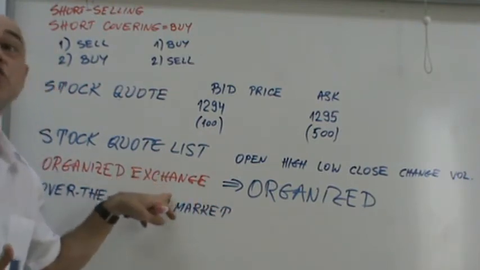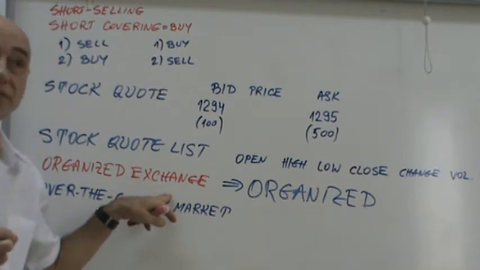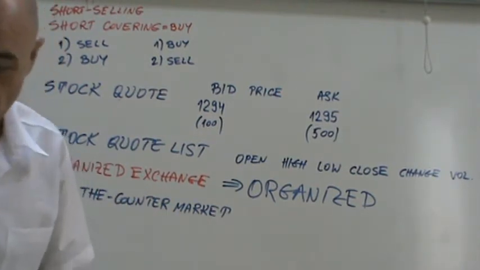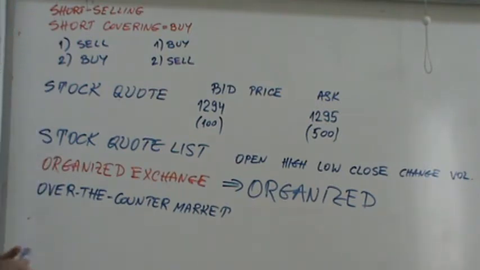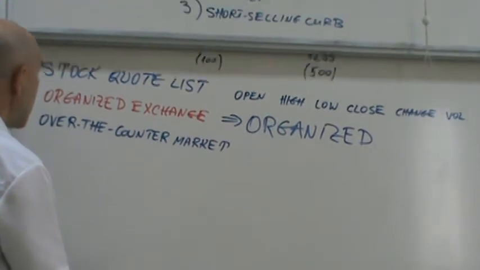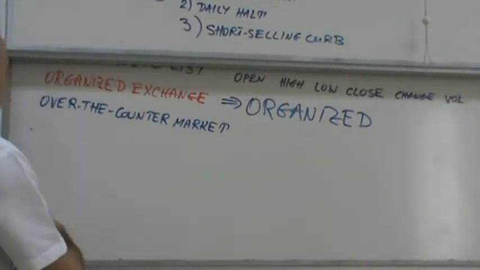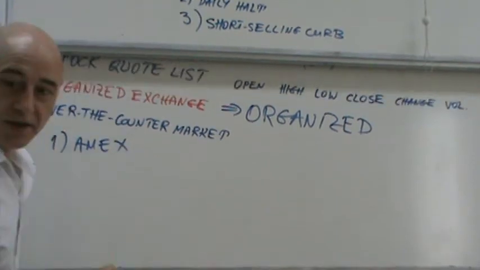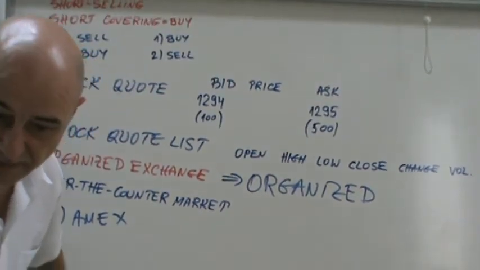And the exchange will try to work, of course, for its own benefit, but it will have to compete with other exchanges. So, some of the exchanges will be, I already mentioned before, Amex, okay.